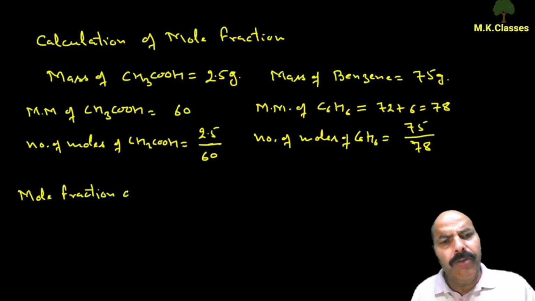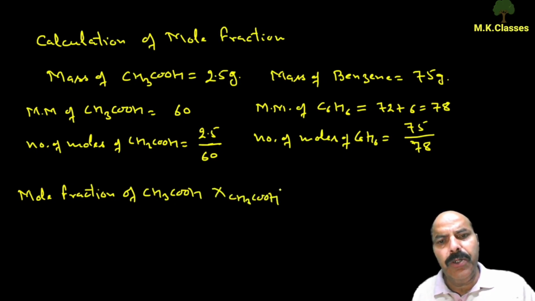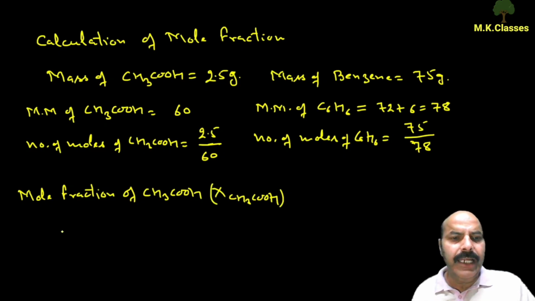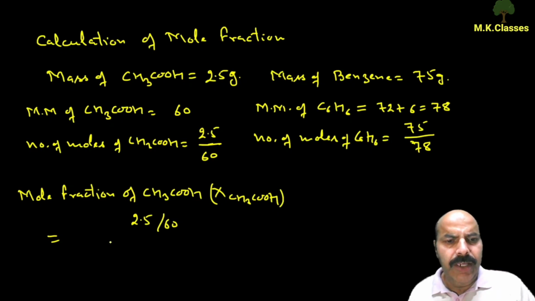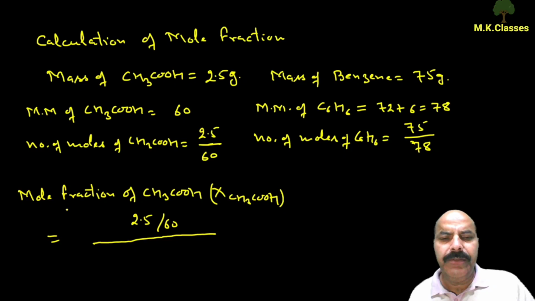Now बच्चों, mole fraction of CH3COOH, that is XCH3COOH बच्चों. So how we can calculate that? That is equal to the number of moles of the ethanoic acid beta, that is 2.5 upon 60 beta. You have to calculate it, otherwise video will be too large if I calculate.